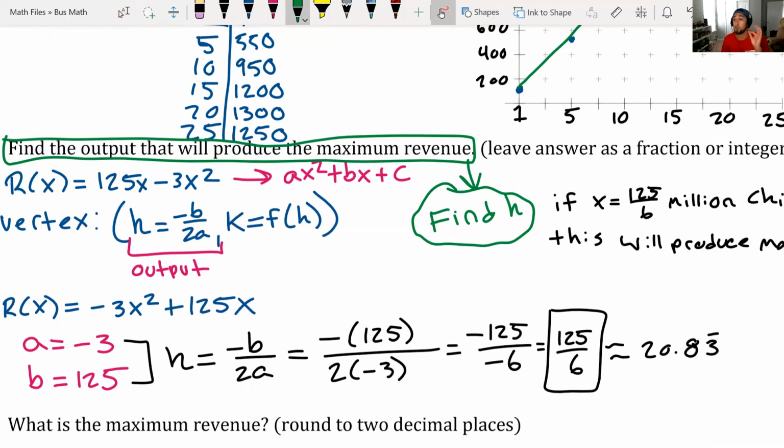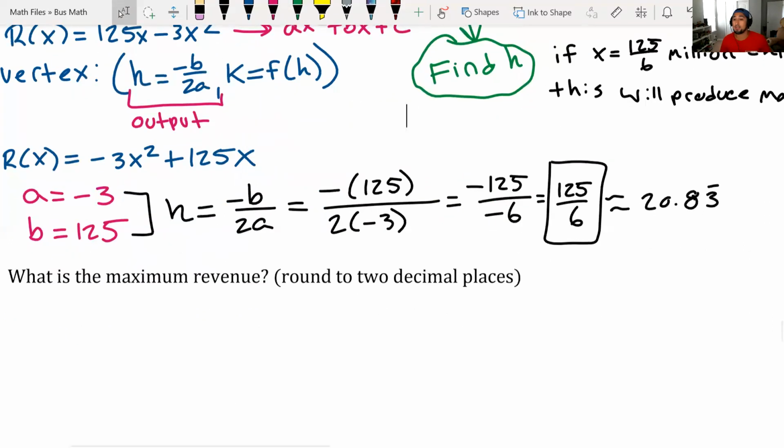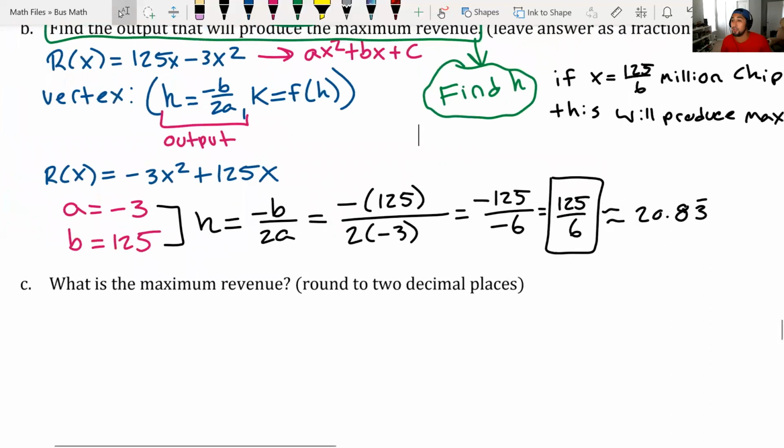Okay. Well, what's great about this is the next question and this question go hand in hand. This now says, what is the maximum revenue? Well, this is looking for the K value of the vertex.